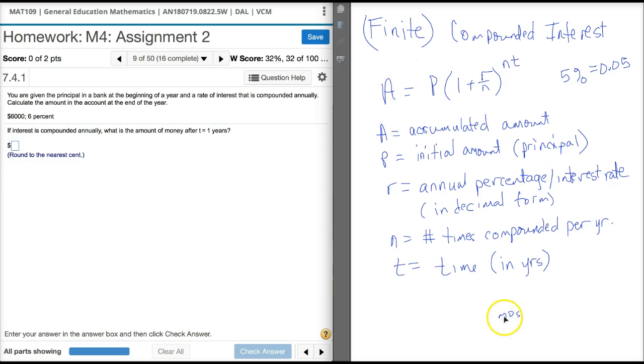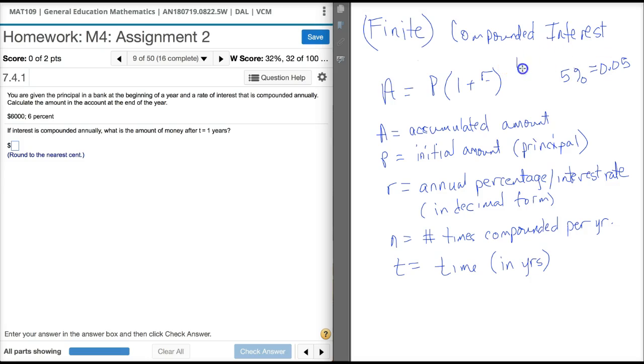Now, knowing all this, if you see in this problem that it says compound annually, then what that's telling us is that our n is going to be equal to 1. And if n is equal to 1, then this value here is 1, and that value there is 1 as well.